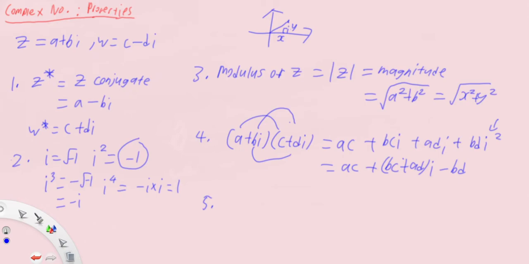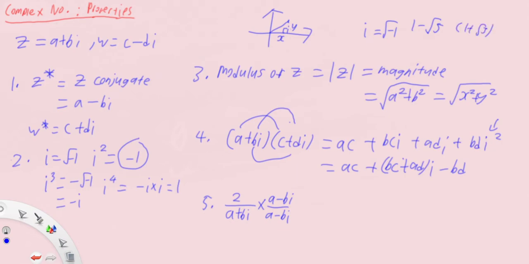Fifth property is rationalizing the denominator. Sometimes you get a complex number with the denominator being a complex number. If you want to simplify this, you rationalize the denominator in the normal way, because it's really just like how you rationalize the denominator for a surd of a real number. Just remember that i is root minus 1. So if you have 1 minus root 5, you rationalize it by 1 plus root 5.